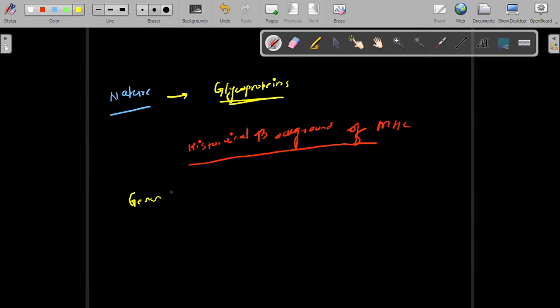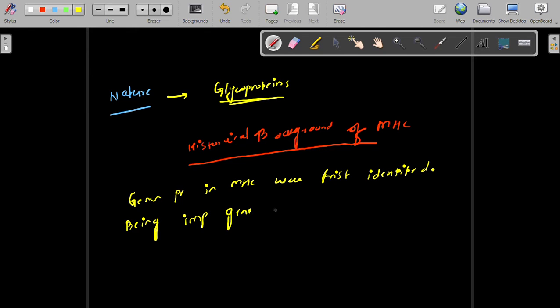Genes present in the MHC were first identified as being important genes for transplanted tissue, as we have seen.